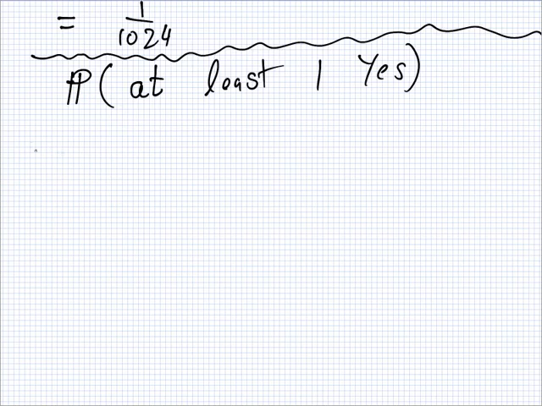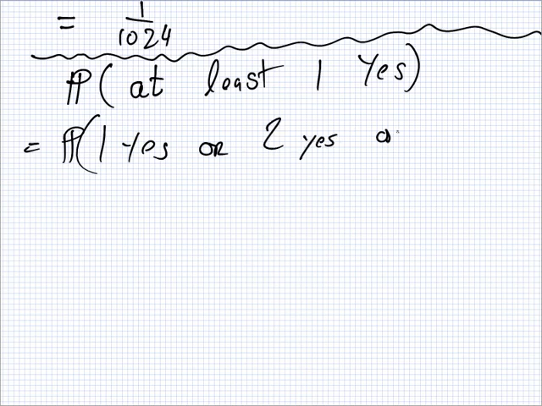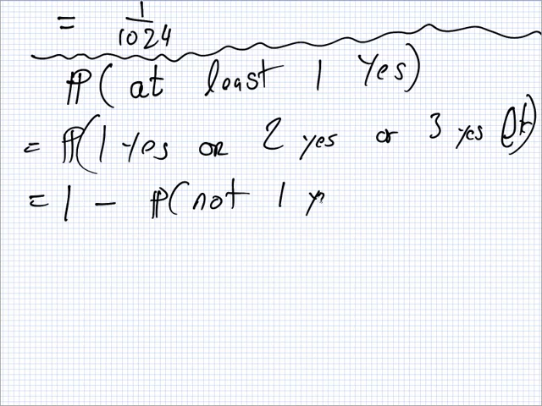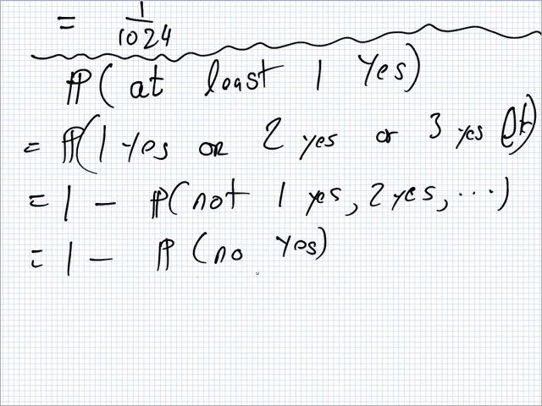So at least one yes means the probability of one yes or two yeses or three yeses, etc. That's a lot. But you could change that into 1 minus the probability of not one yes or two yeses, etc. So if I don't want one yes, two yeses, three yeses or four yeses, that's the probability of no yeses. Does this look familiar? It's what I asked you to do a minute ago.